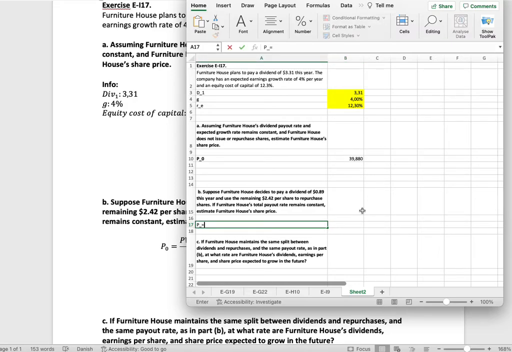So PO. And this is also a smart idea, to just click on the different cells instead of writing them in yourself, because then you can mess up.